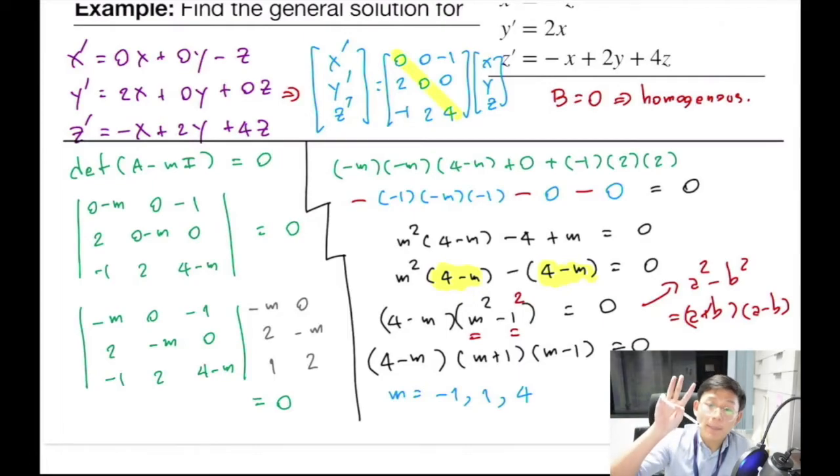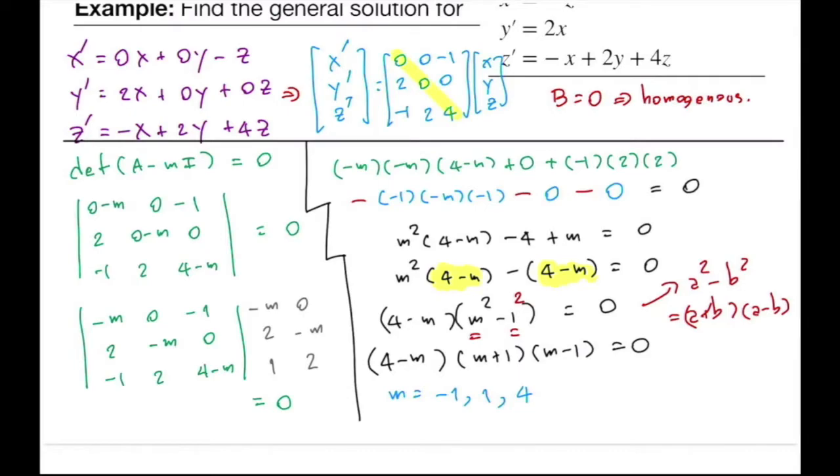So we have 3 m's, we have 3 eigenvalues. Next we need to find the big K, K1, K2, K3. After that, we would get X1, X2, and X3. And the general solution X would be C1x1 plus C2x2 plus C3x3.